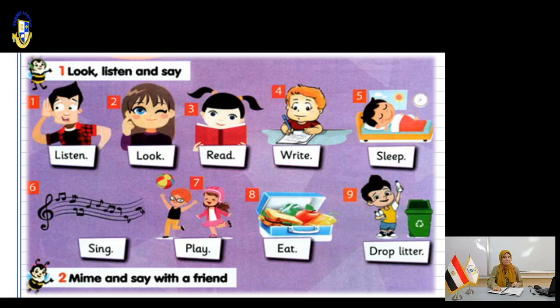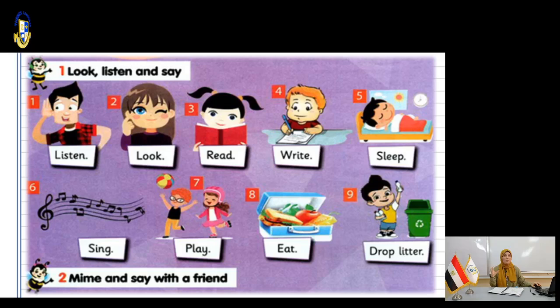Listen, look, read, write, sleep, sing, play, eat, drop litter. When I give you the rules of the classroom at the beginning of the year, I'm telling you the orders or the rules of our classroom.